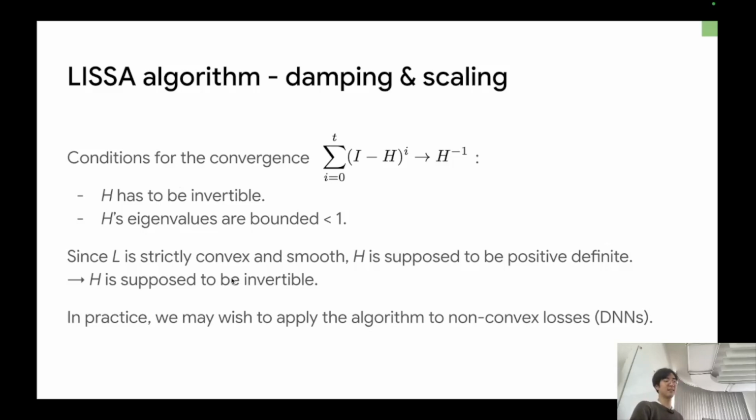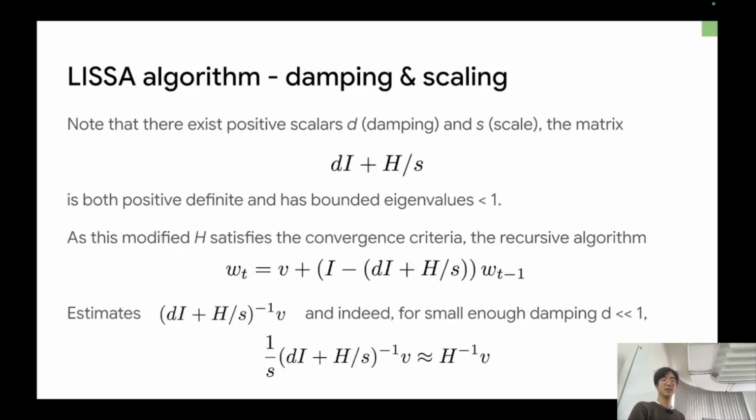But this is not the case in general. Well, for strictly convex and smooth, H is supposed to be invertible, right? Because all the eigenvalues will be positive. Yeah. But even so, the eigenvalues are not necessarily below 1. So how do you deal with that?